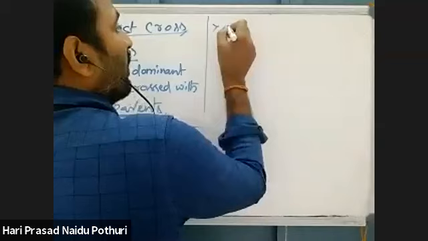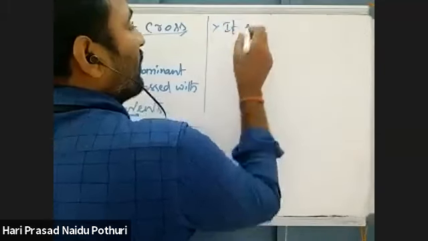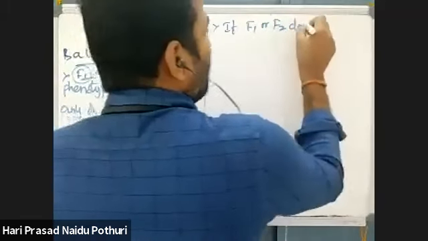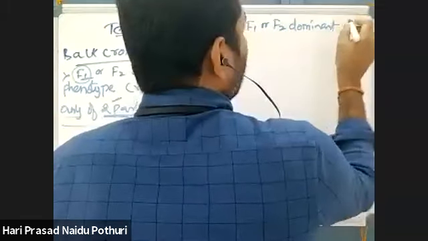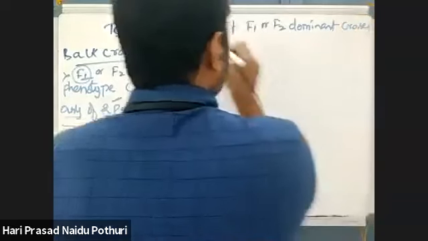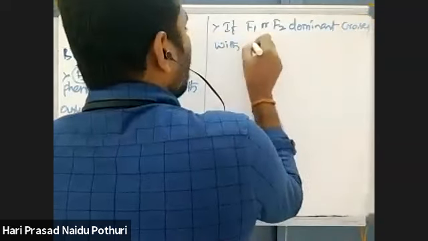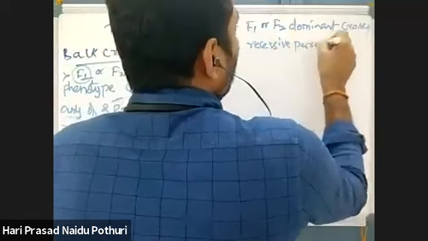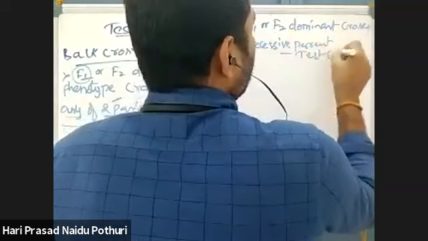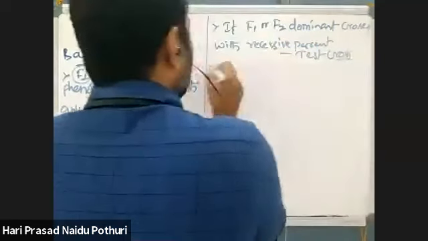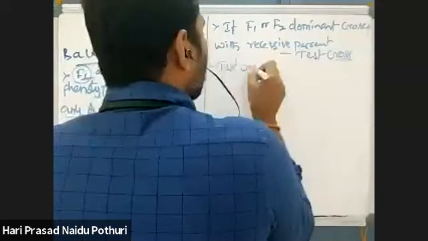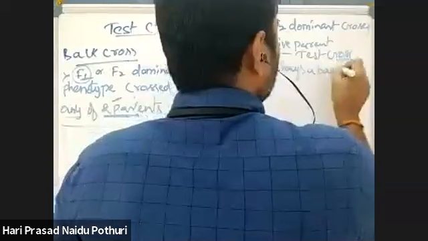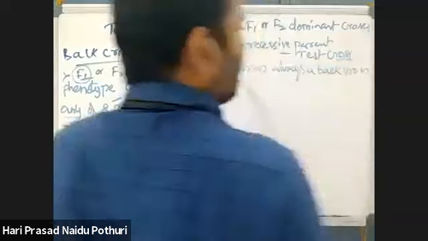If an F1 or F2 dominant phenotype is crossed with the recessive parent, then it is a test cross. That means test cross is always a back cross. What is a back cross?